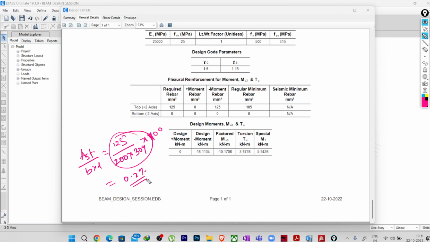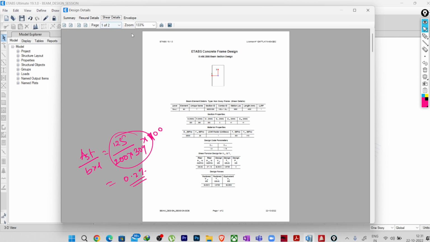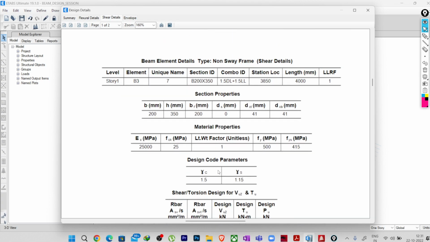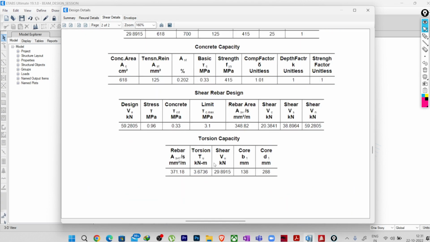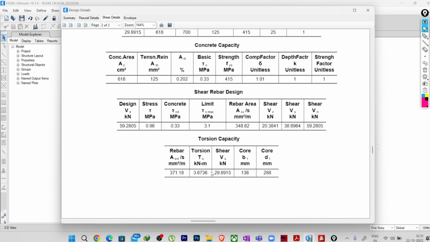0.2%. Okay, so for 0.2%, if I go to shear design here, now I am taking the highest shear zone, which is the end zone, not the previous one. So here you can see the shear amount, 59 kilonewton. Okay, so we need to find the tau C. Here you can see tau C is written as 0.33. So how did we get this?